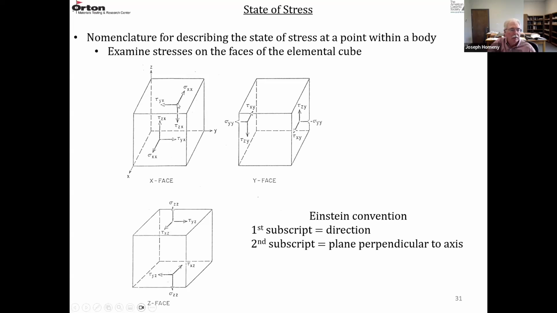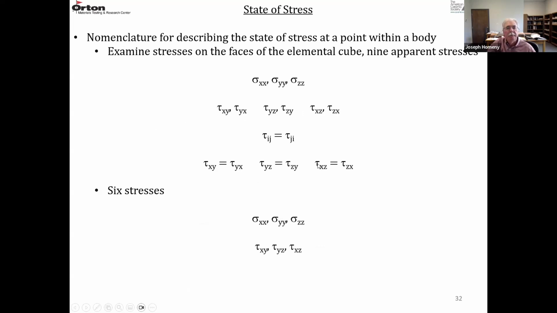And on the opposite face, the back of the cube, it is the same. And then you can do the same thing for the y faces and then the z faces. So that's the nomenclature for describing the stress state in a body.